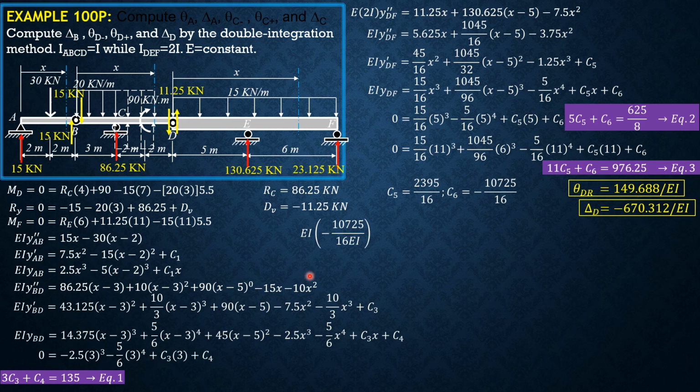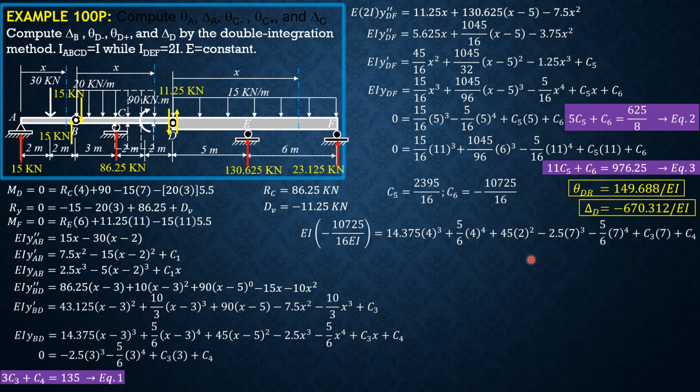So EI times negative 10,725 over 16 EI is equal to 14.375 times 4 cubed plus 5 over 6 times 4 to the fourth plus 45 times 7 square. Sorry, it's 2 square, 7 minus 5 is 2. Minus 2.5 times 7 cubed minus 5 over 6, 7 to the fourth, plus c sub 3 times 7 plus c sub 4.